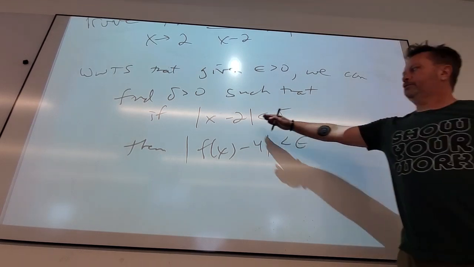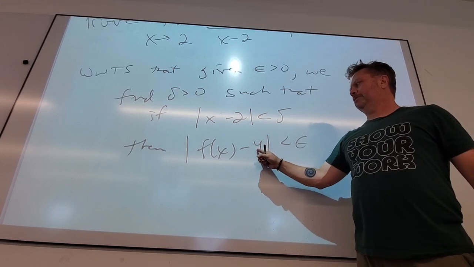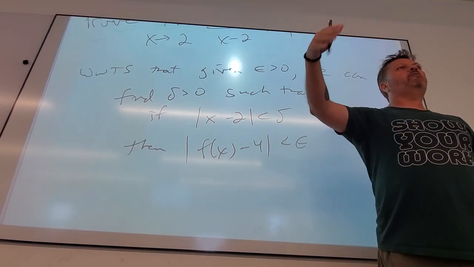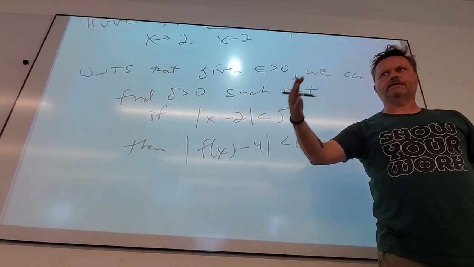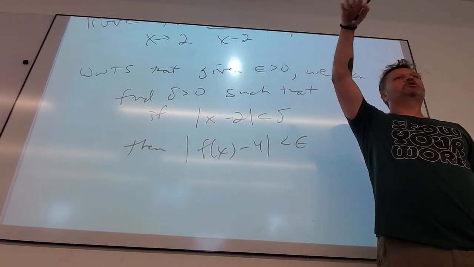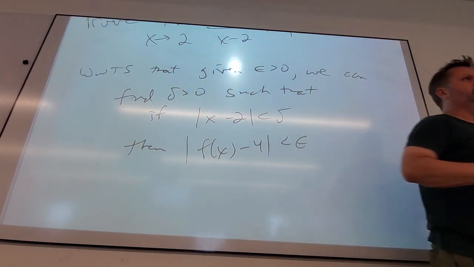So if I'm close to 2, my inputs are close to 2, my outputs are close to 4. That's what that says. In very formal language, but that's all that says. And that's where we started this whole discussion, was interpreting limit statements as get close to this, your outputs get close to that. Yes?